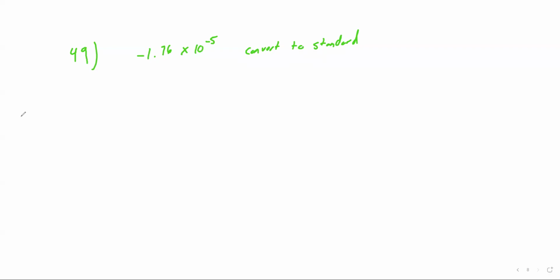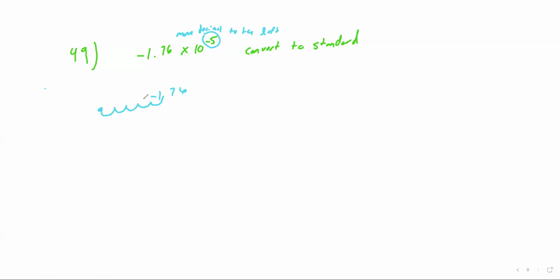One thing to note here: when you have a negative exponent, move the decimal to the left that many times. So I'm going to take the negative 1.76 and move that decimal 5 times to the left. That's 1, 2, 3, 4, 5.